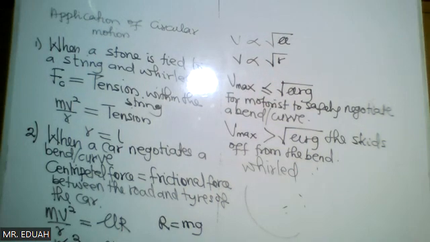Question 2. An object of mass 50 kilogram moves round a circle of radius 6.0 meter with a constant speed of 10 meter per second.